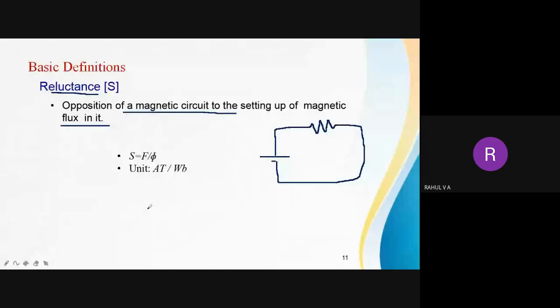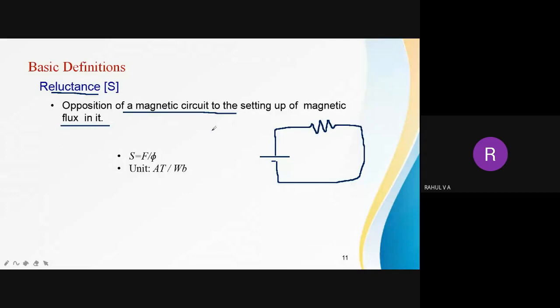So the opposition of a magnetic circuit to the setting up, or building up, of magnetic flux in it is known as reluctance. It is similar to resistance in an electric circuit.